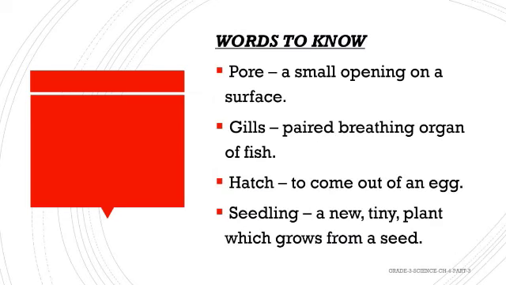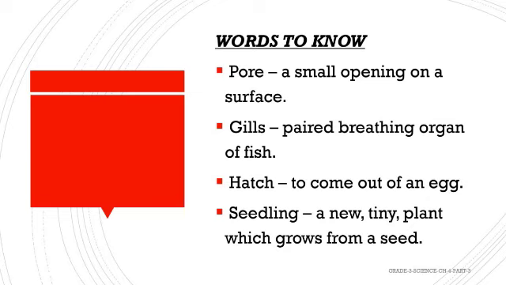Now next we are going to see some important words to know, meanings of some words which are new to us. The first word is pore. A small opening on a surface. We find a number of pores on the leaves which we cannot see with our naked eyes. They are small openings on a surface. The next is gills. Gills are paired breathing organs of fish.